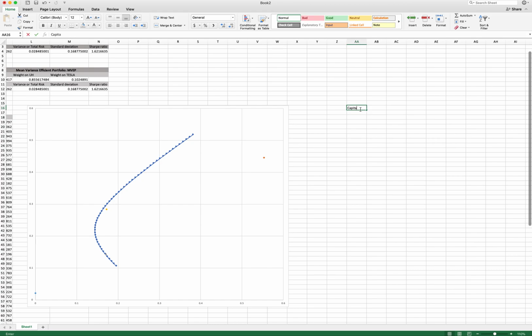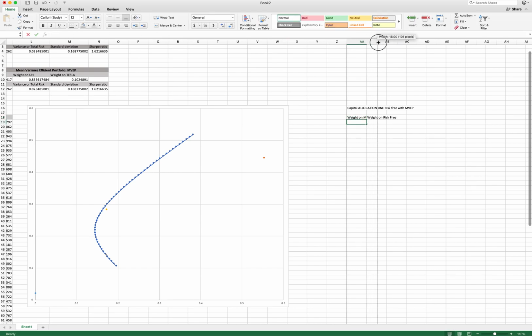Okay, capital allocation line, risk-free with MVEP. Okay, so weight on MVEP right here, weight on risk-free here. Let's correct this typo.